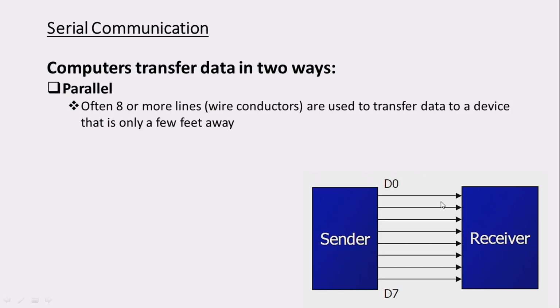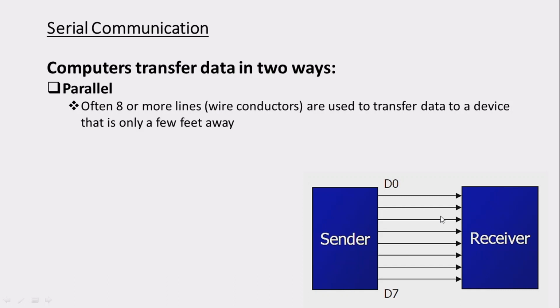Now if you look at this particular example, there is a sender and then there is a receiver. Both the sender and receiver are connected with 8 different wires. So that means using these 8 different wires, they are going to send 8 bits of data at a time.